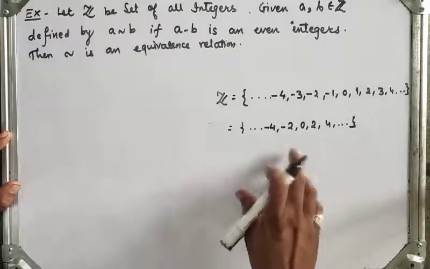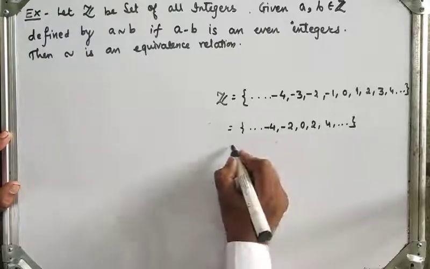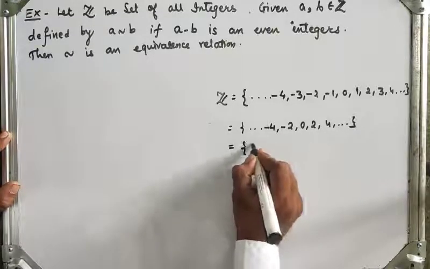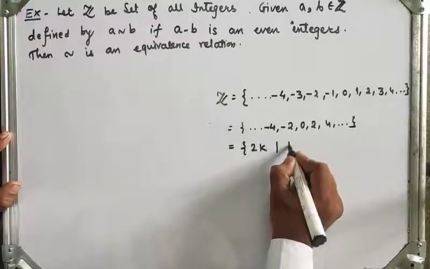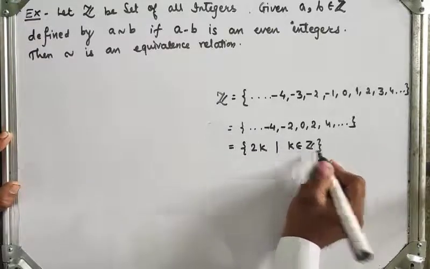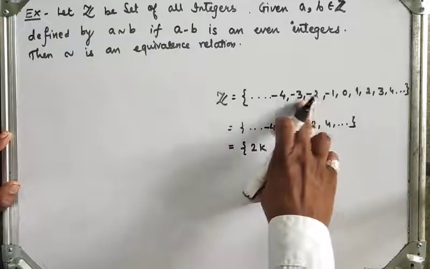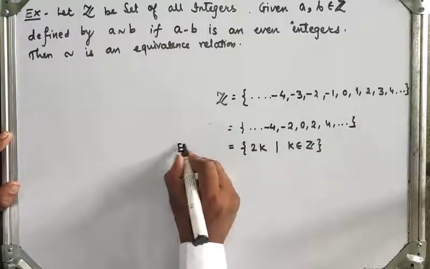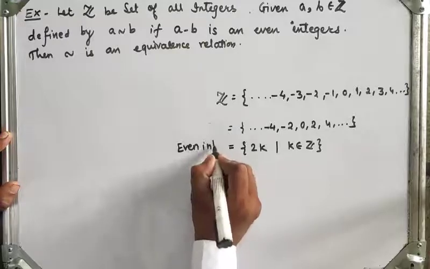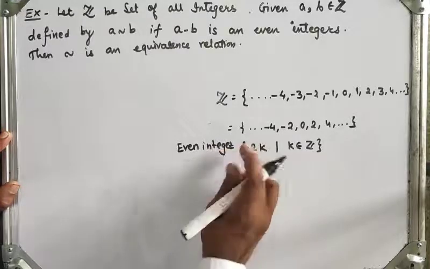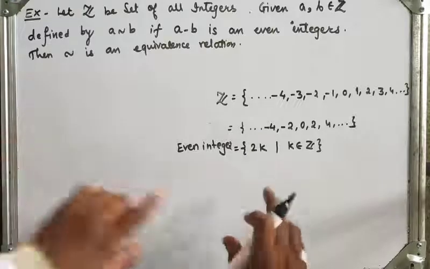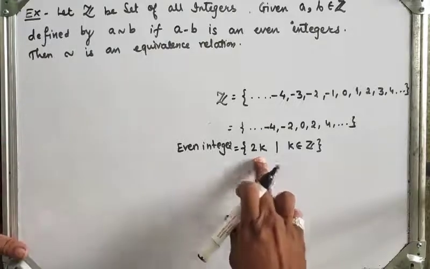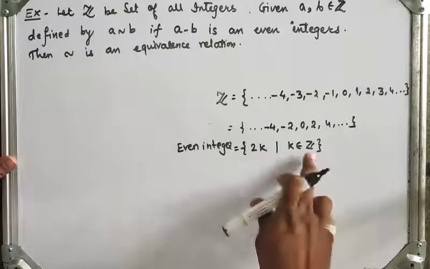These are all the even integers, and they are of the form 2k such that k belongs to the set of integers. So an even integer is always of the form 2k where k belongs to the set of integers.